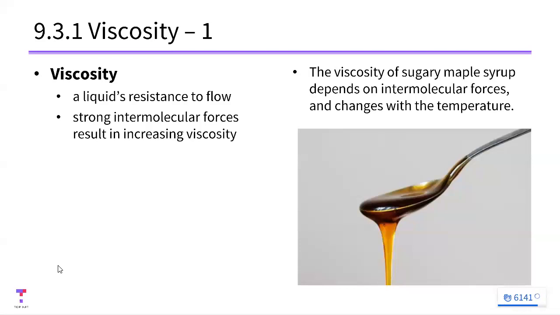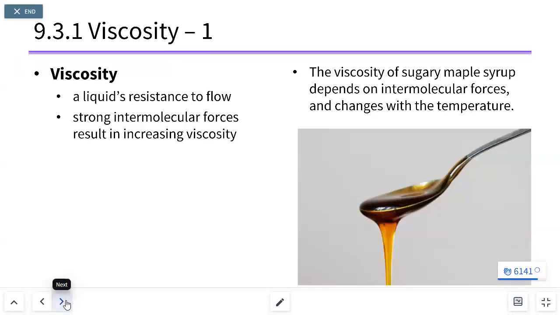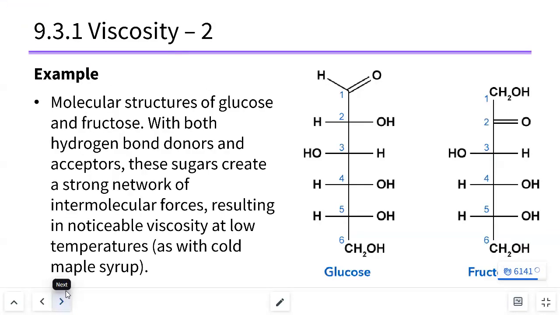Now, why does maple syrup have this kind of viscosity? Well, if we get down to the structural components of syrup, what we find is that syrup is basically sugar and water in a highly concentrated solution. If I look at the structures of these sugar molecules, what do I see a whole bunch of?